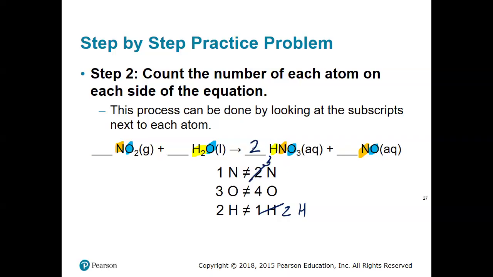And for the oxygen, I have 2 times 3, which is 6, plus 1 more, that's 7. So I've balanced out the hydrogen, but it has not balanced out the oxygen or the nitrogen, at least not yet.